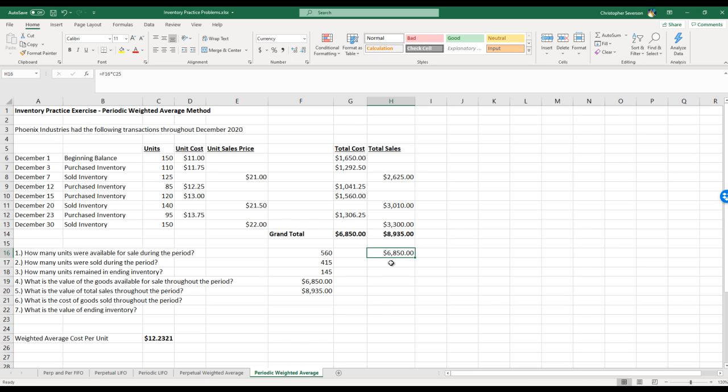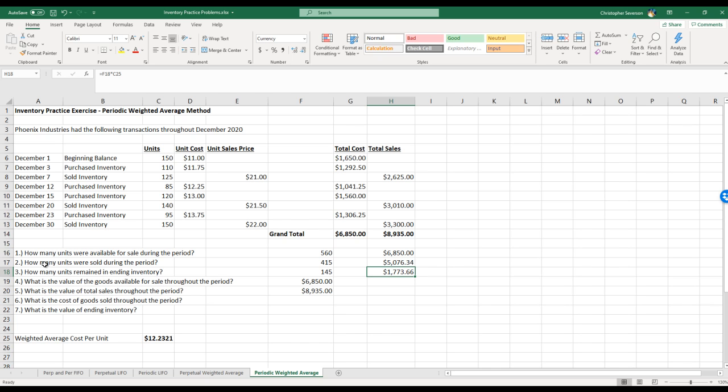We don't really need that number, but we do need the units sold, 415, multiplied by that $12.23, and then the 145 units in ending inventory multiplied by that same cost. Again, if you add them together, you have to come up with that $68.50. The good news is these are the answers we need for 6 and 7, and they just so happen to be in the right order.